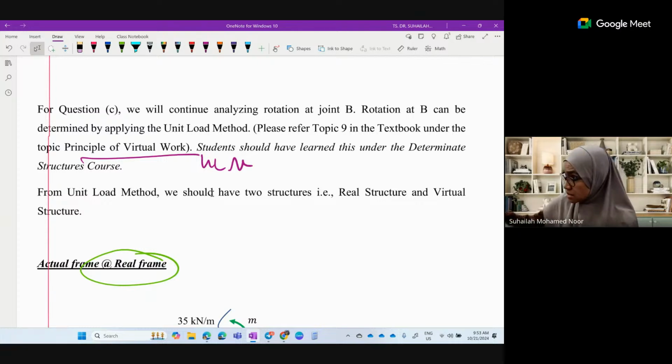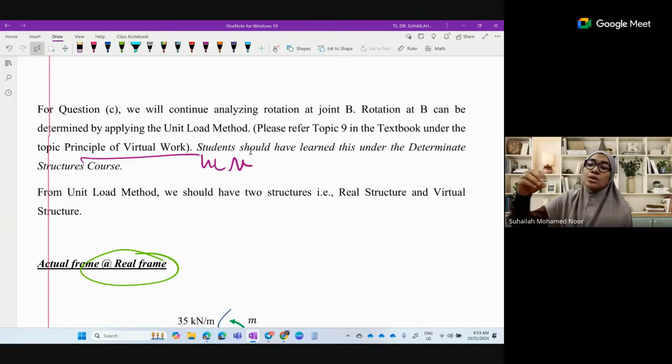Deflection in determinate structure. Deflection in indeterminate structure, kalau ada soalan tanya deflection in indeterminate structure, you kena buat 2 step lah. Step pertama, flexibility method dulu, baru boleh buat ULM ni.